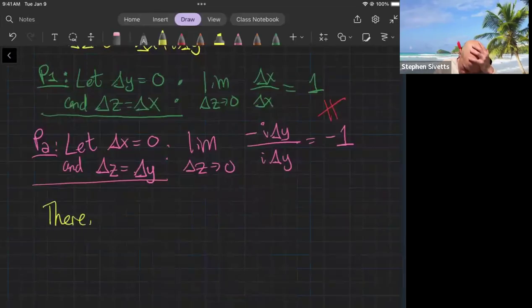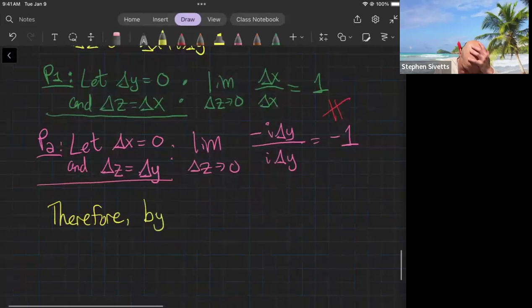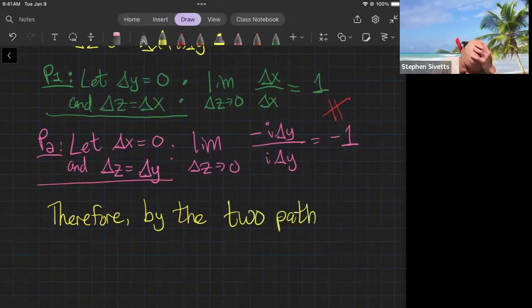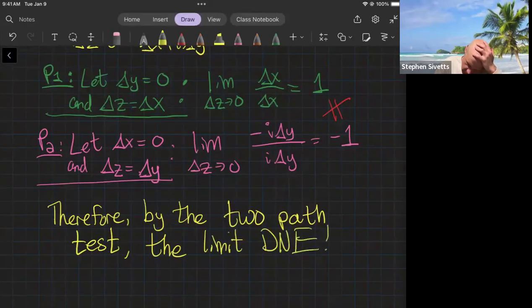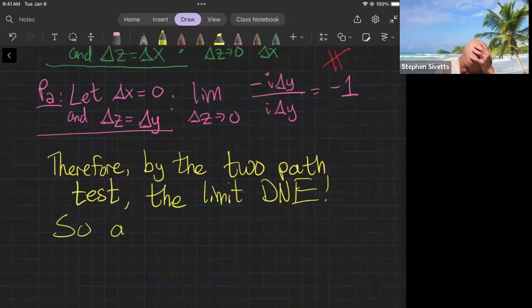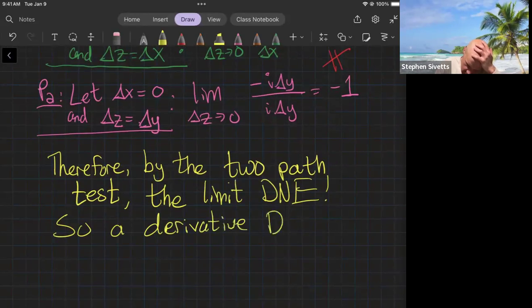So therefore, by the two path test, the limit does not exist since we have two values that don't equal each other on two different paths.